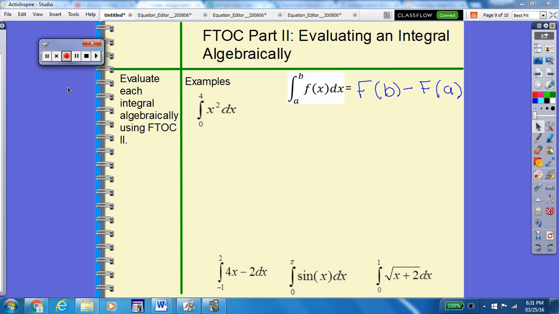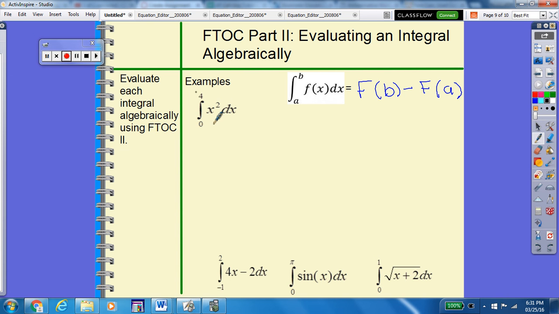So this is how we're going to use the theorem that we just wrote down. We have the integral from a to b of f of x dx equals capital F of b minus capital F of a, where capital F represents the antiderivative.